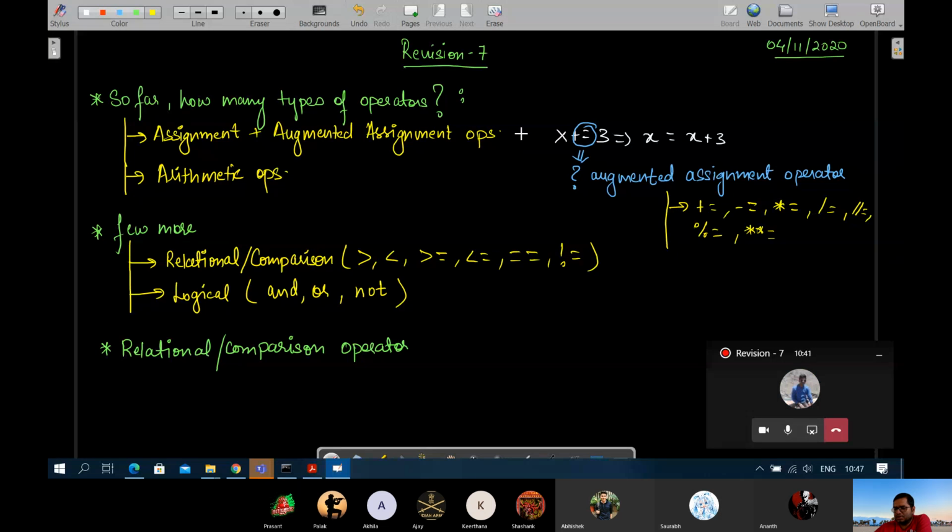Remember x plus equals to 3 is the same as x is equals to x plus 3. x minus equals to something is the same as x minus. Suppose somebody has written x plus equals to a minus b, what will this mean? Try to write, tell me. What will that evaluate to? Yes, Shashank.